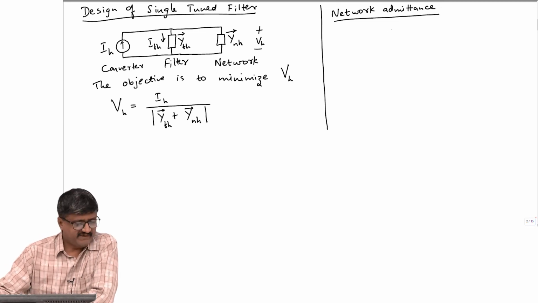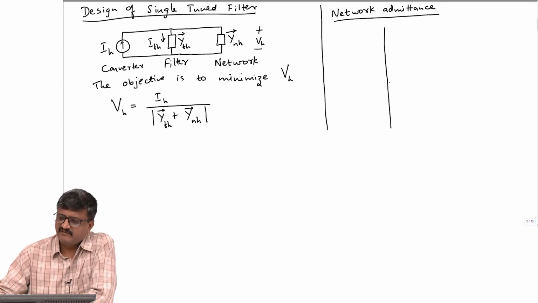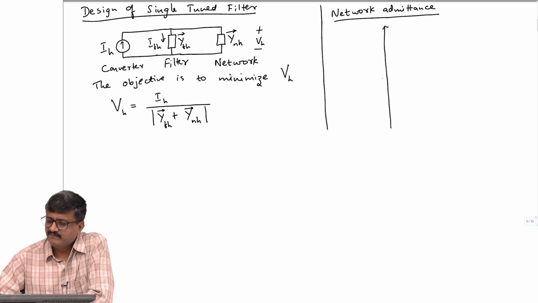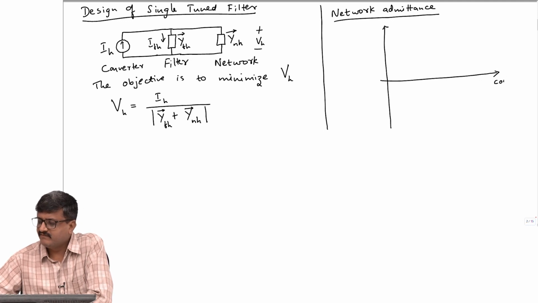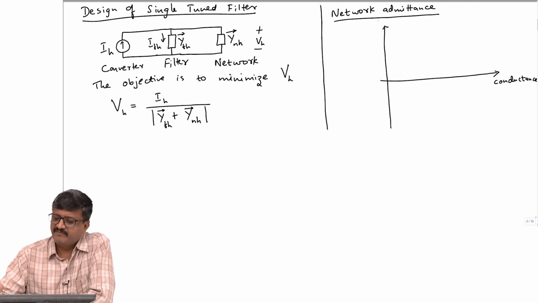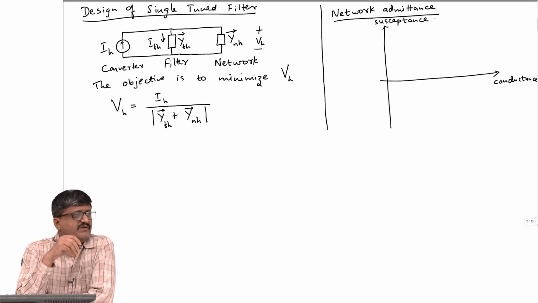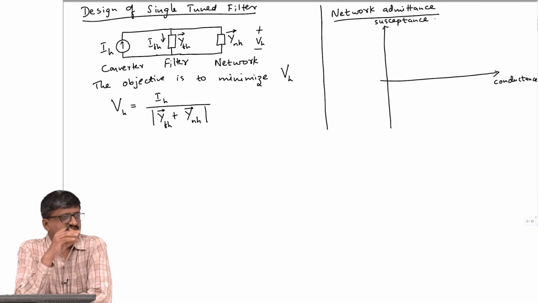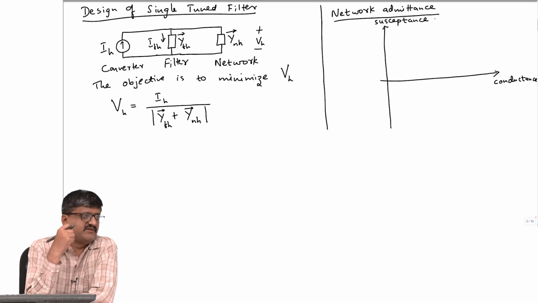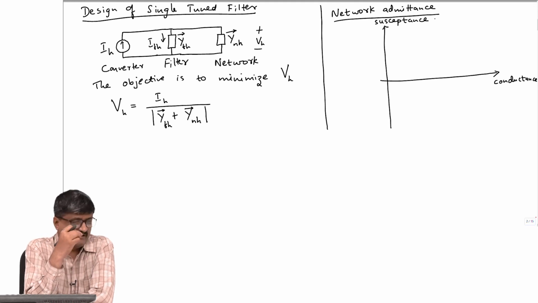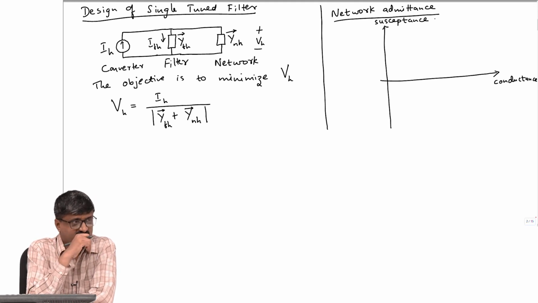Again I take the complex plane, where the real part is the conductance of the network admittance and the imaginary part is the susceptance. Okay. Now, the question is, where will this network admittance lie? Which quadrant or quadrants? It is possible to have values in all the 4 quadrants.